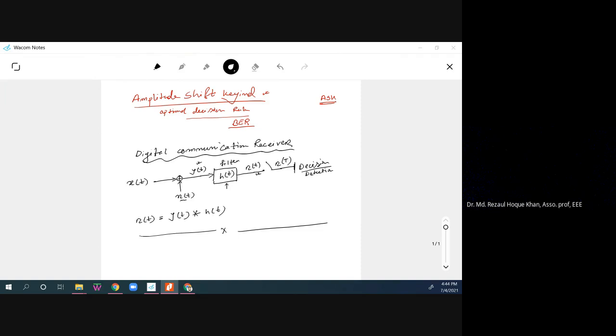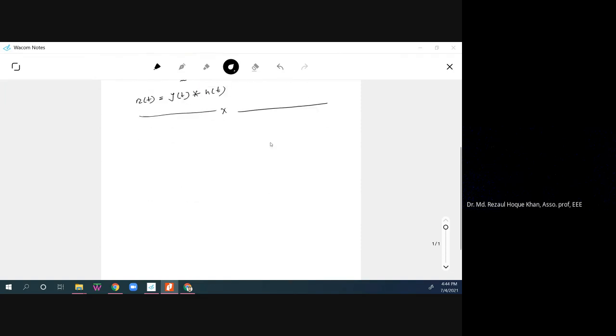So we'll start from the same equation. The transmitted pulse p(t) equals square root of 2 by T, cos 2 pi Fc t, for t between 0 and T. We wrote the same equation before for BPSK also. I will be very short this time because we already described it.